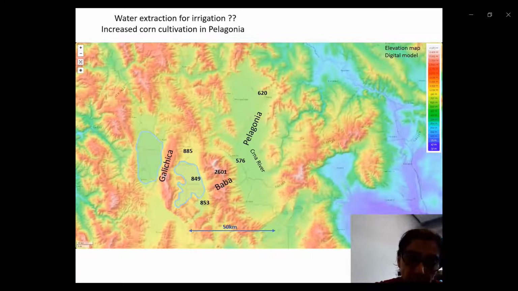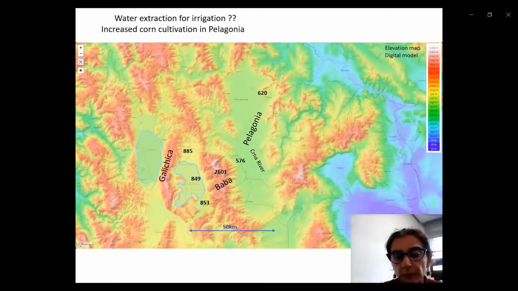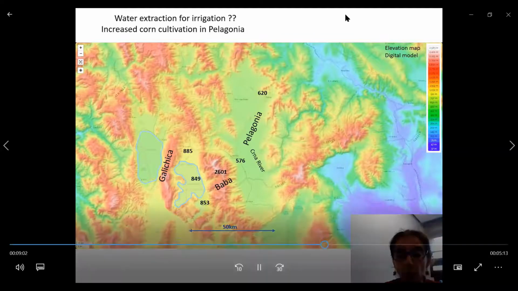Now, Pelagonia is an area where we have a lot of cultivation of different crops, and we think that maybe the green here has increased, so maybe the agriculture has increased here, so there is more water extraction over the years. And importantly, I have found information that there is an increase in corn cultivation, and corn means more water than other crops.